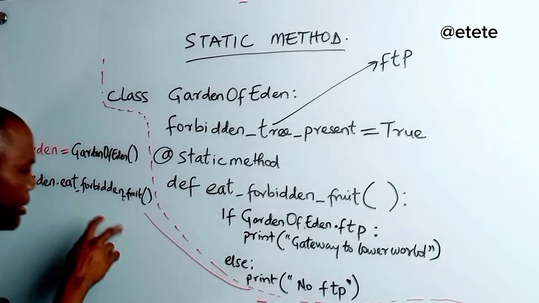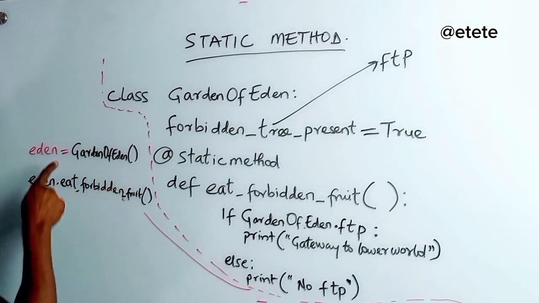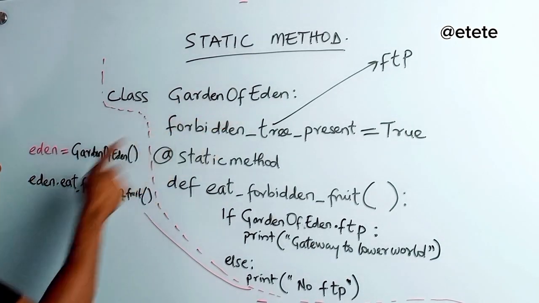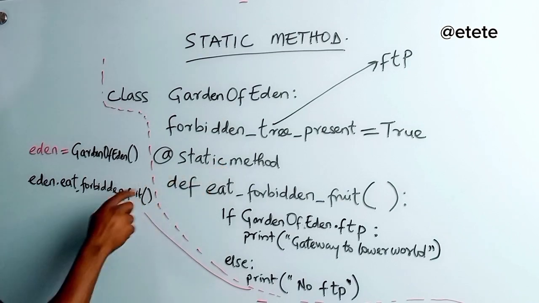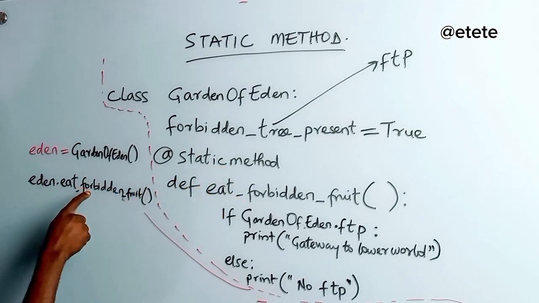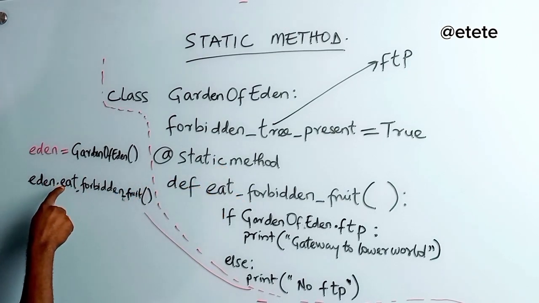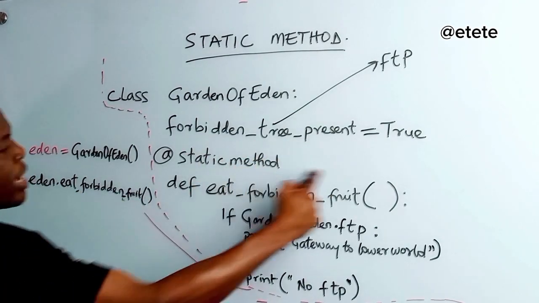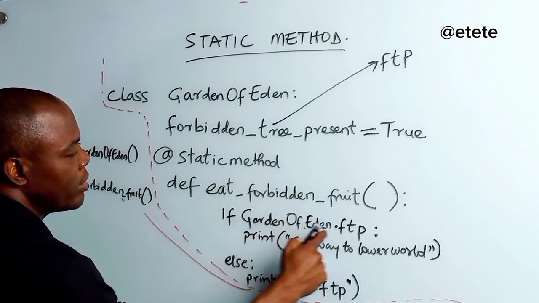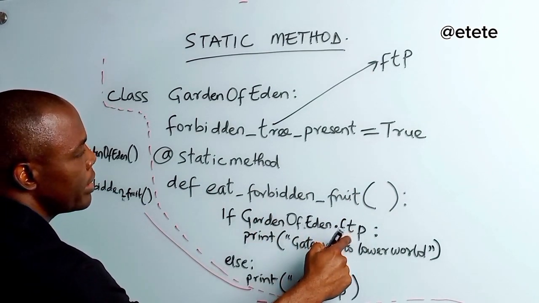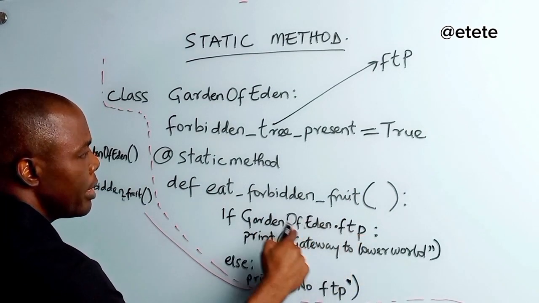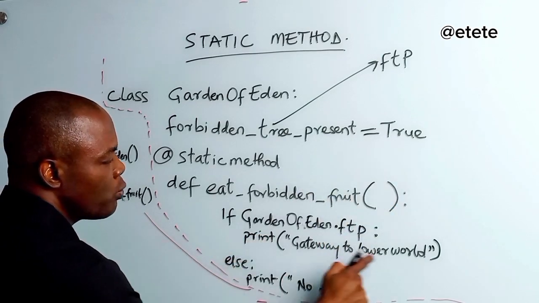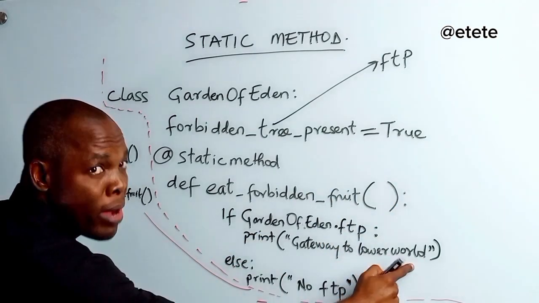So if you are seeing this, now I'm using this object that I've created for this class to call this method, which is the static method. So Eden dot eat forbidden fruit, and that will give me, because it will now come in here and say if Garden of Eden dot forbidden tree present, if it is true, print out gateway to lower world.